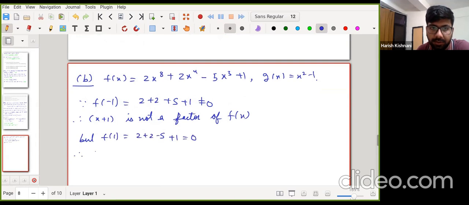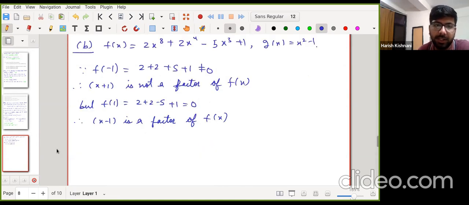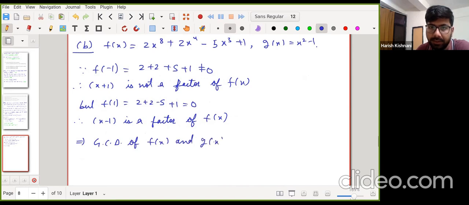Therefore, x minus 1 is a factor of f(x). And what does this imply? This implies the GCD of f(x) and g(x) is x minus 1, not x plus 1. So the statement is false.